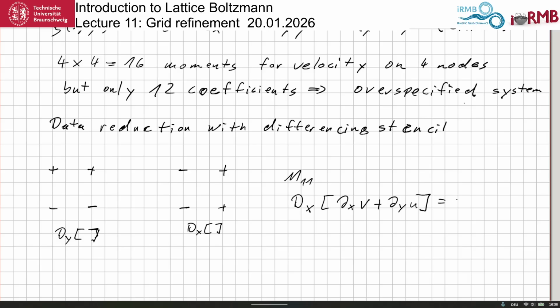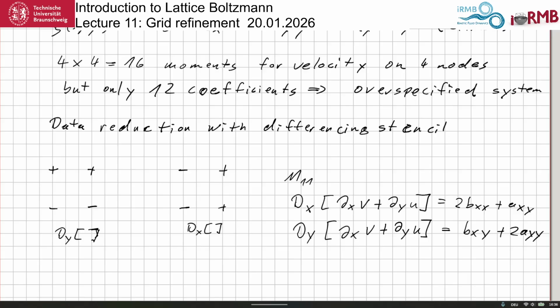The outcome of this polynomial is 2b xx plus a x y, and dy dx v plus du yu is bxy plus 2ayy. So by this we can determine, because we already know what is x, what is axy, we can determine what is the other one, the one that is missing.